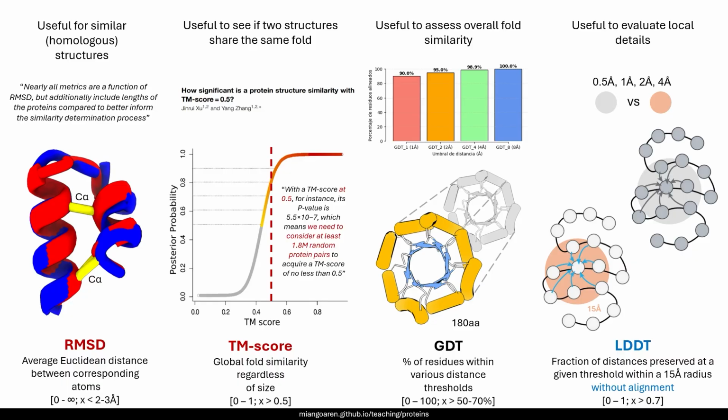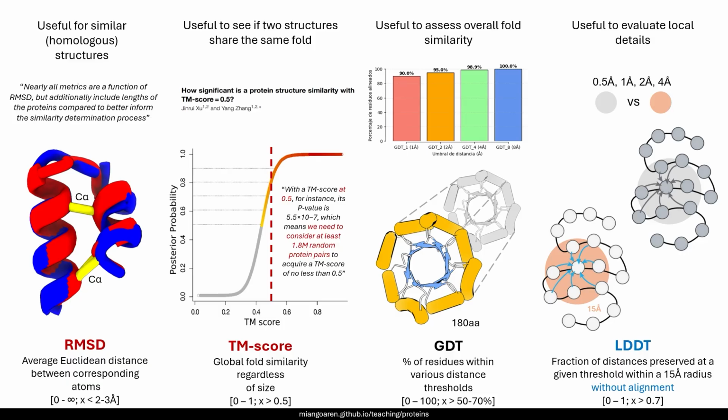And as the last metric, which is also present in the AlphaFold system, is the LDDT, which does something relatively similar to what the GDT does. However, its most relevant attribute is that it does not need to overlap two structures.